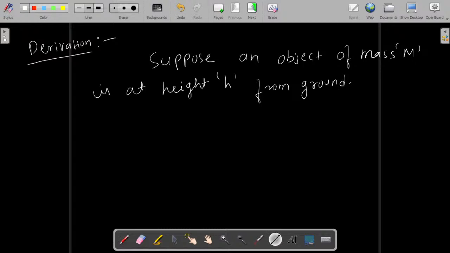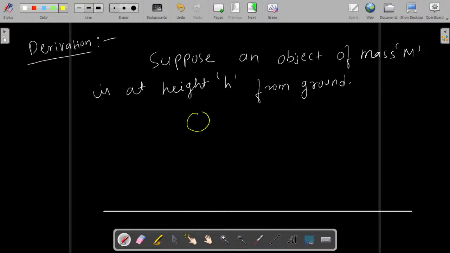So you have to draw, this is the surface, the object is at this height. Here you draw the diagram. This is at height h from the surface. This is an object having mass m. And this is the surface.